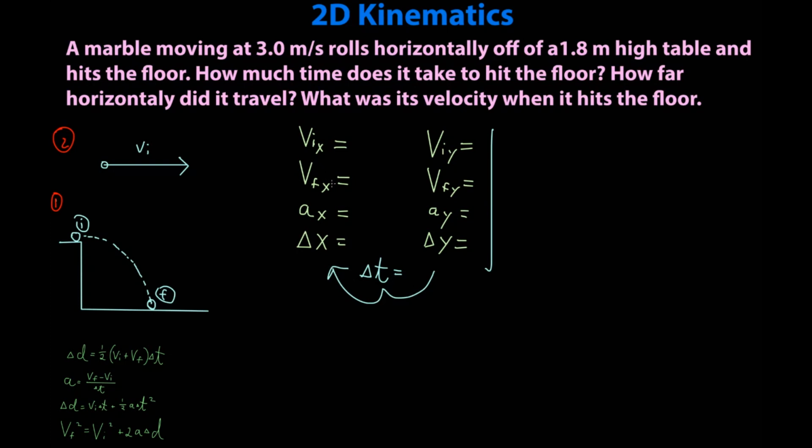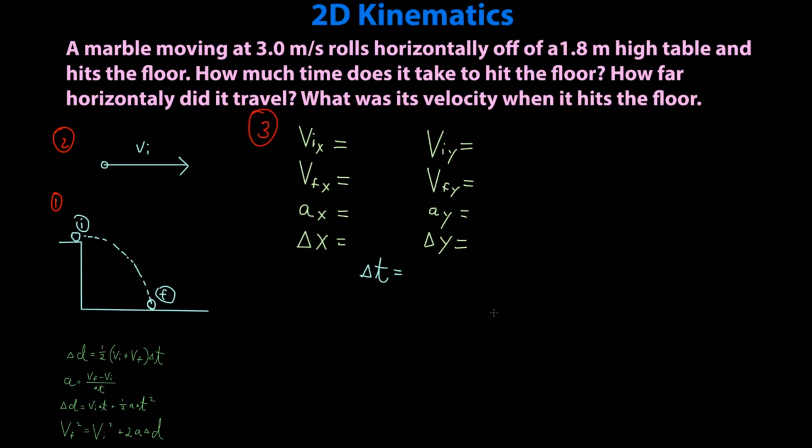Because as a reminder, in general with kinematics, you need 3 good pieces of information to solve for anything else. So, long story short, you're either working in one column or you're working in the other column, and in order to jump from one column to the other, you need time as your bridge.